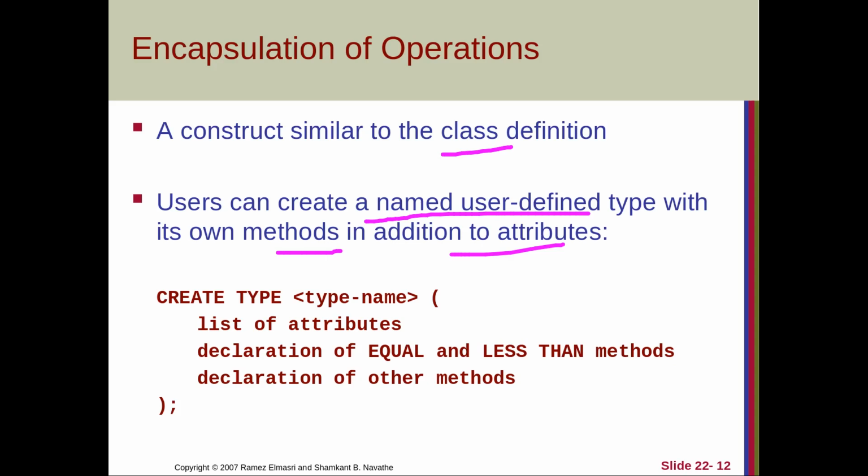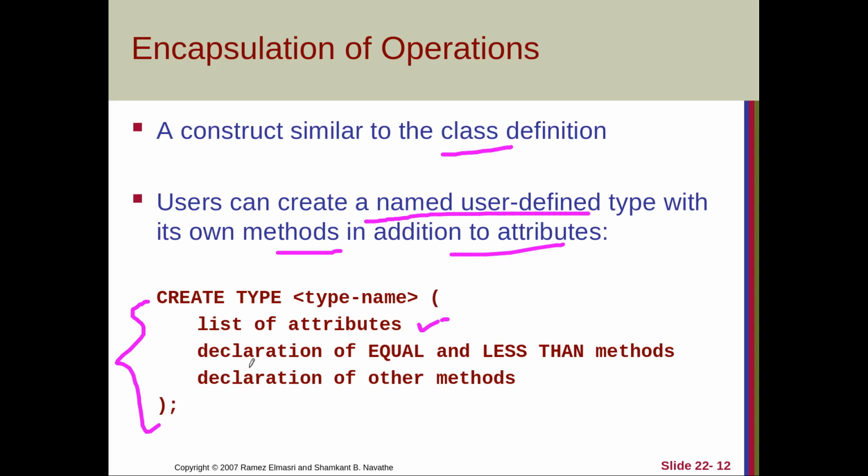So in the previous example we were discussing only attributes. Now we are going to add some operations also into the type that we are creating. So we will see one example of encapsulation. Create type name, then within parenthesis the list of attributes with its type and size.